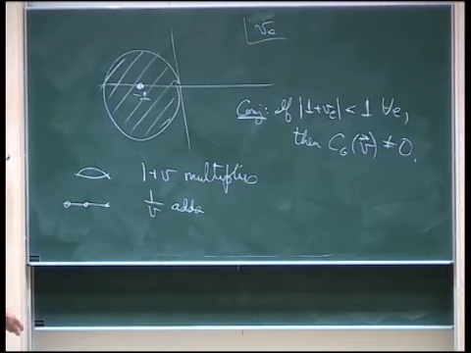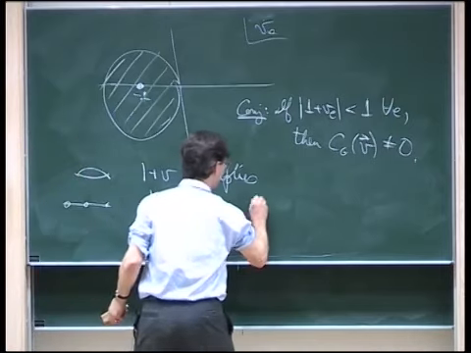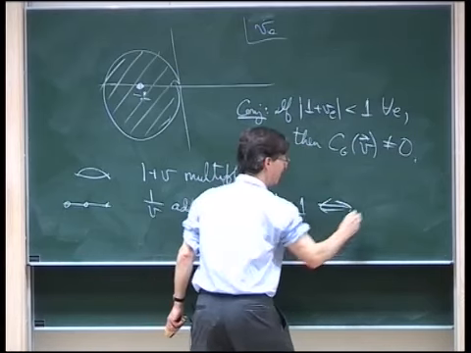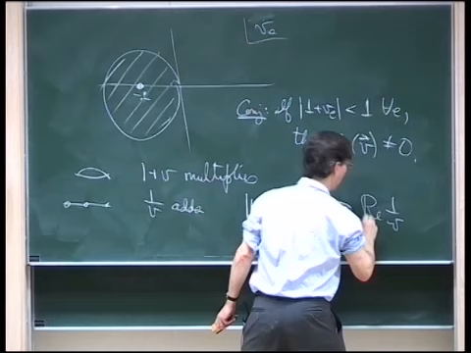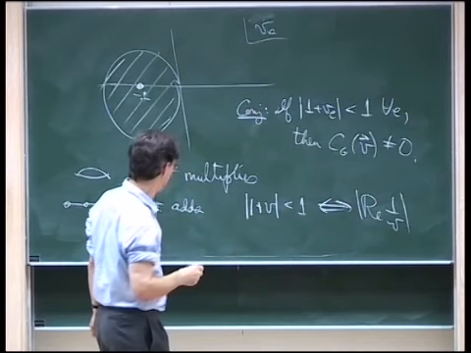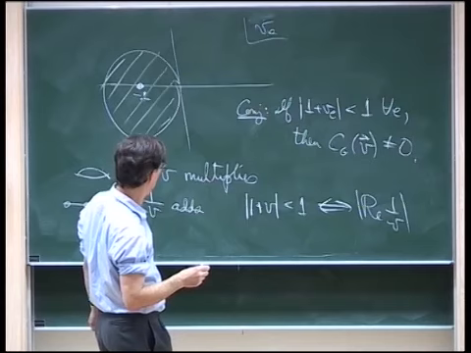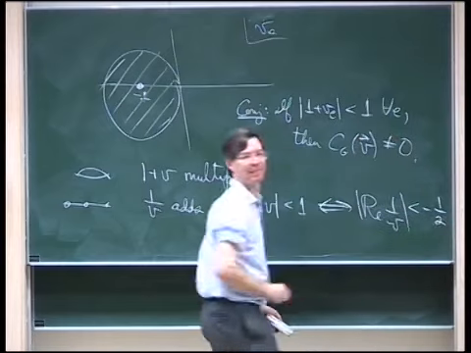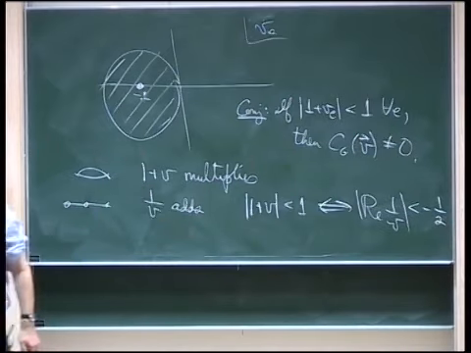And it turns out |1 + v| less than 1 is equivalent to the real part of 1 over v being less than minus a half. Just a little geometry to do there.